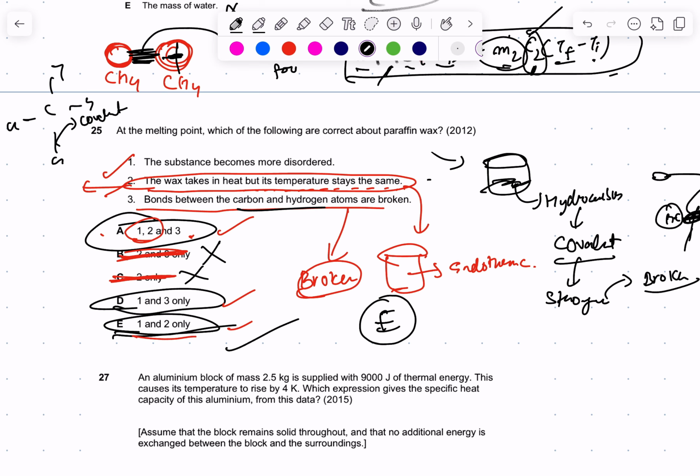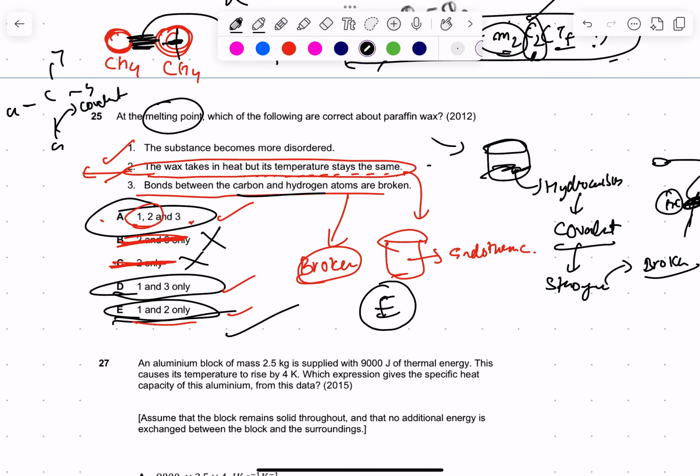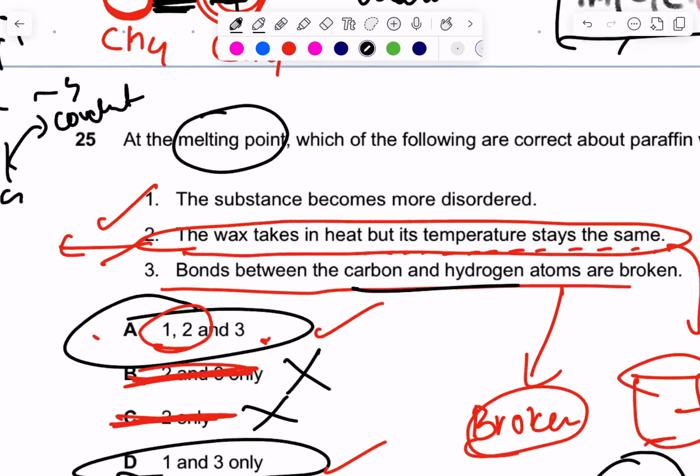Sir, when we start heating up the wax, the temperature remains the same until it reaches the melting point. After that, if we apply heat, then the temperature changes, no? Yeah, that is also correct. At the melting point, yes, you're right. You are talking about all the things at the melting point, no doubt. But if you raise a lot of temperature, of course, the hydrogen and carbon bond will be affected. But they will of course mention that in the question.